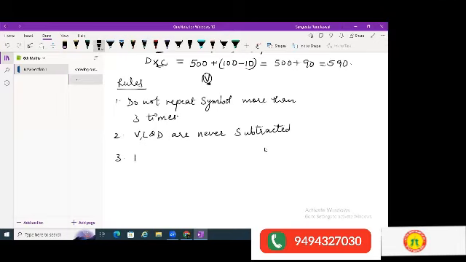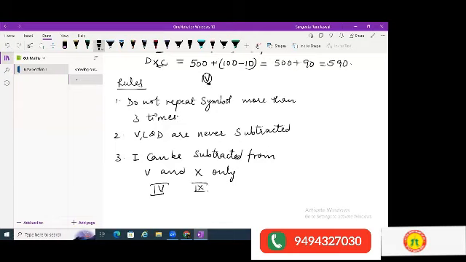Now I, as you are saying, how did we write 4? I can be subtracted. I can be subtracted from V and X only. That's how we write 4. I can be subtracted from only V and X like this.